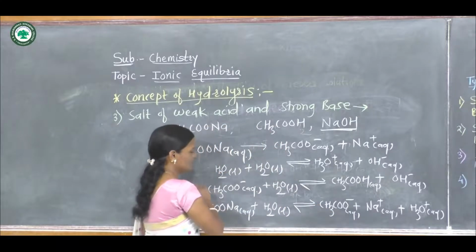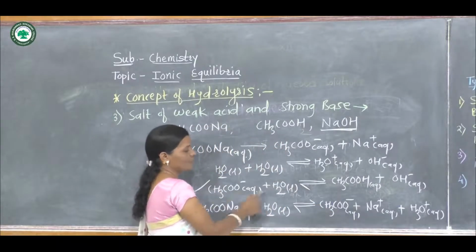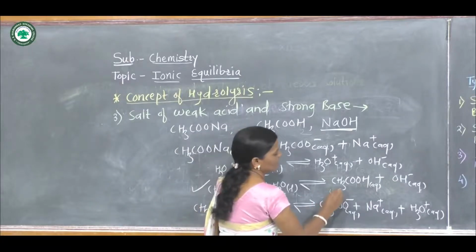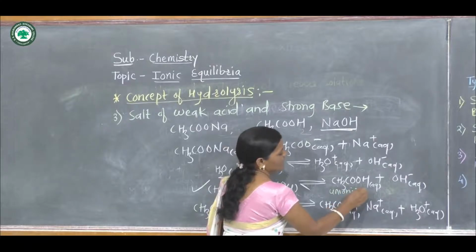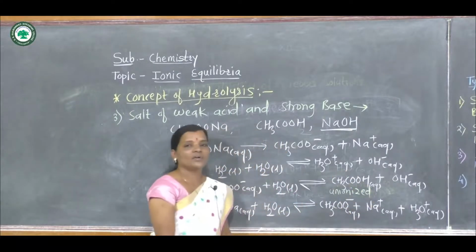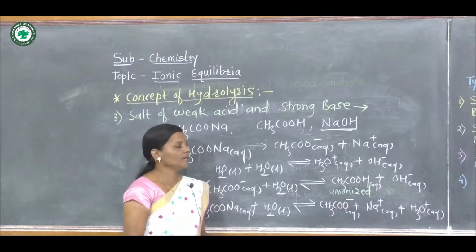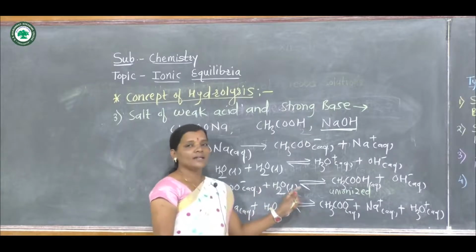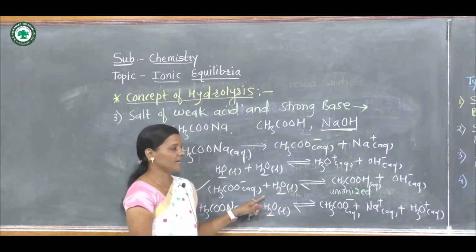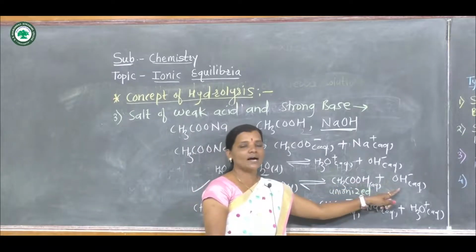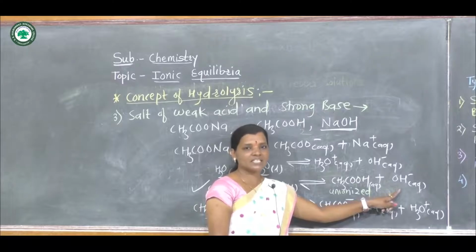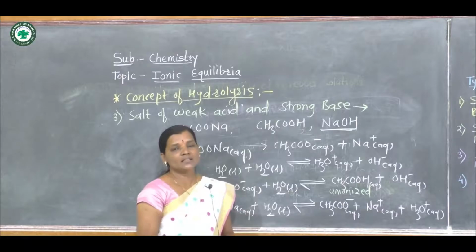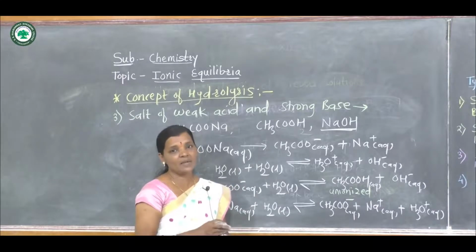But actually these acetate ions combine with water to form unionized acetic acid, which is a weak electrolyte. Hence from this equilibrium it is observed that in the solution of sodium acetate, the proportion of hydroxyl ion is more. That is, an excess of hydroxyl ion is present, and hence the solution should be basic in nature.